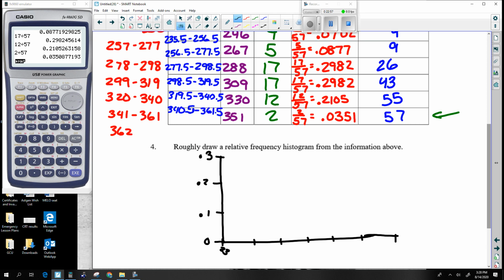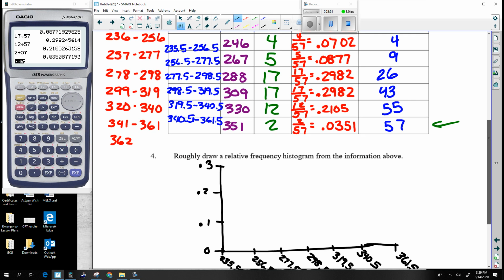So this is 235.5, 256.5, 277.5, 298.5, 319.5, 340.5, and 361.5. Okay. Now everything's labeled properly.